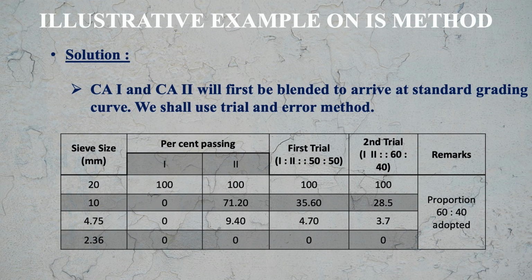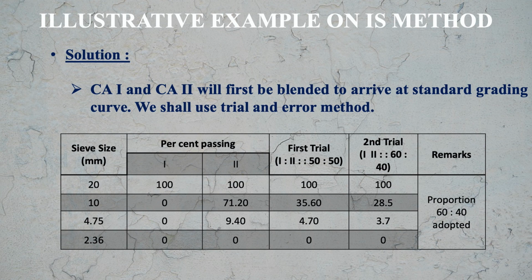In the first trial, we are using 50-50%, meaning equal amounts of type 1 and type 2. In the second trial, we are taking type 1 aggregate, CA1, as 60% and coarse aggregate 2 as 40%.